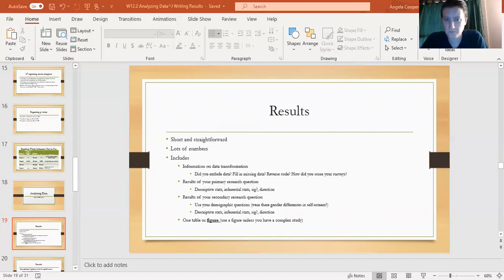So you need to discuss your primary research question. Whatever your hypothesis was, we all have a hypothesis for our projects, where, oh, I think that people who are highly motivated are going to have higher self-efficacy, or people exposed to motivation will have higher self-efficacy, or I think attractive faces are going to elicit higher levels of self-worth.